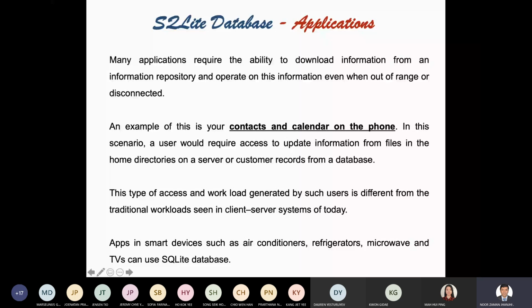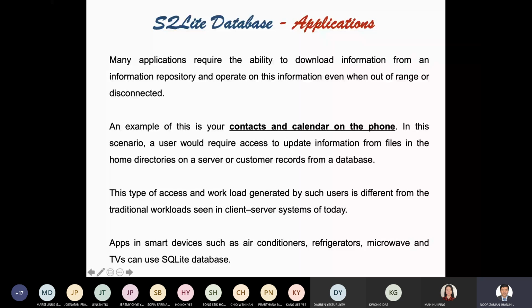So many applications are already installed and configured in your cell phone. You are using them right at the moment, but you do not know, okay? But all these applications are using SQLite. For example, your contact list is using SQLite, and your calendar is using a SQLite database.